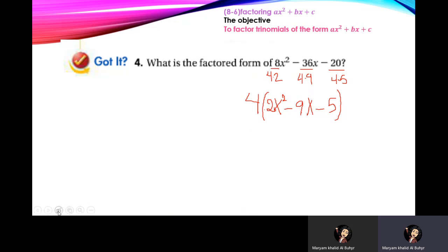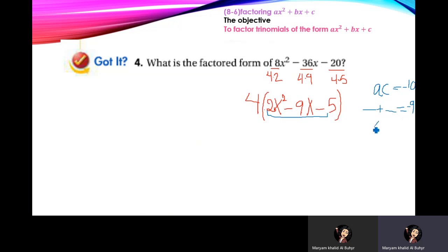Now I can go back to my previous part. What is AC? A times C will give me negative 10. What are the two numbers? Once I add them, I will get what I have in the middle, negative 9.